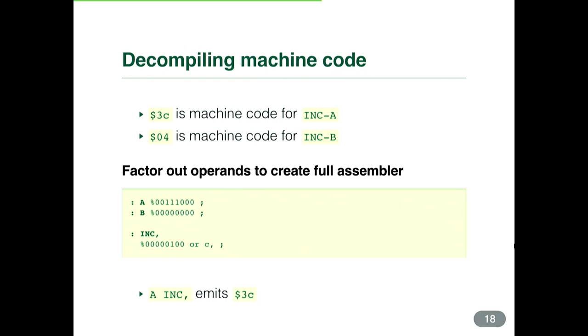There's not really a meaning to the binary values. It's just that if you combine these numbers in this way, it will end up becoming an increment A or an increment B. And basically to use it, we can just run A increment, and it will emit an increment A code to the ROM.